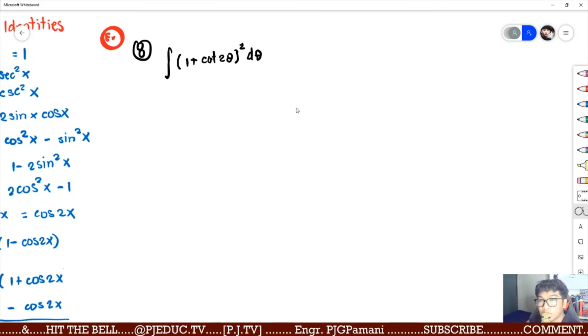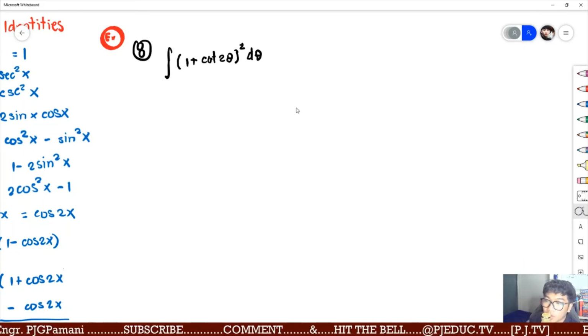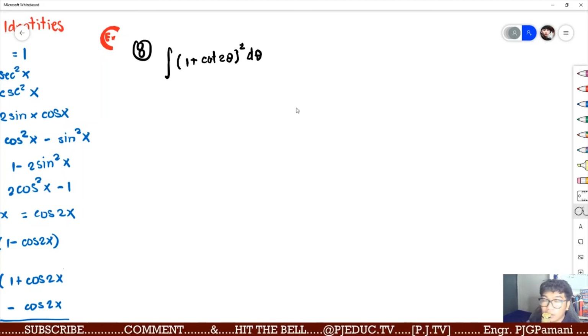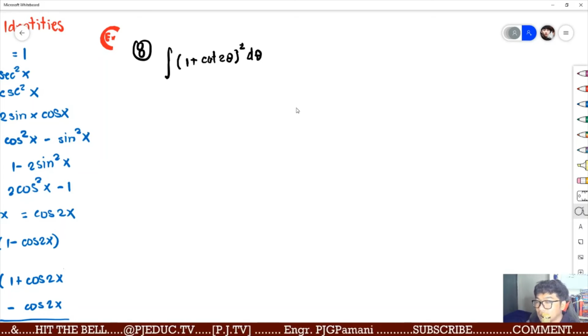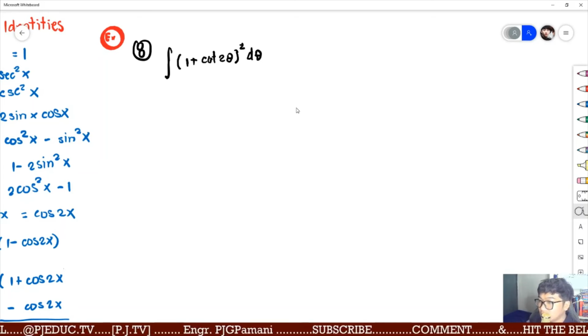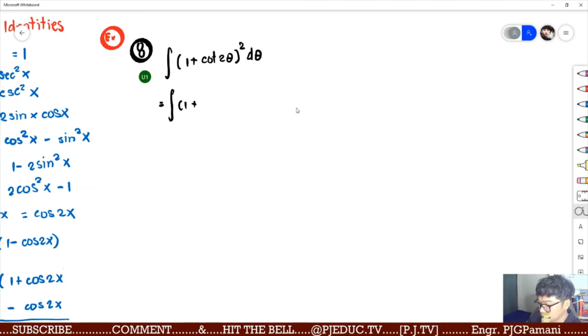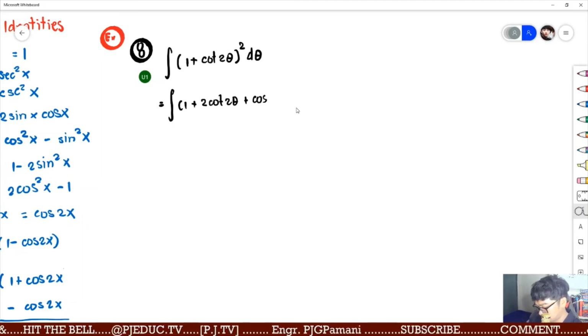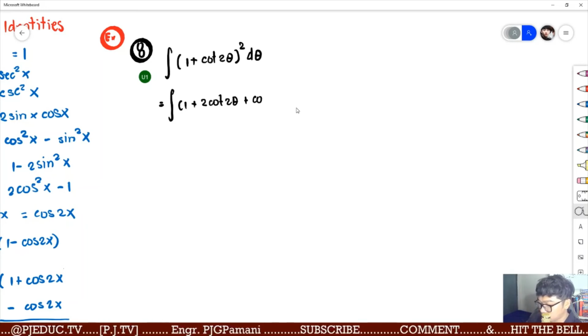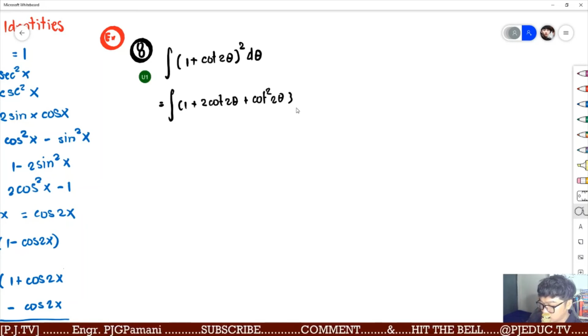Wala tayong equivalent trigonometric identities that involves the sum of 1 plus cotangent x. Diba? So, kung wala sa identities, anong gagawin natin with this particular integrand? So, basically, we'll just have to expand the term. So, 1 plus 2 cotangent 2 theta plus cotangent squared 2 theta d theta.